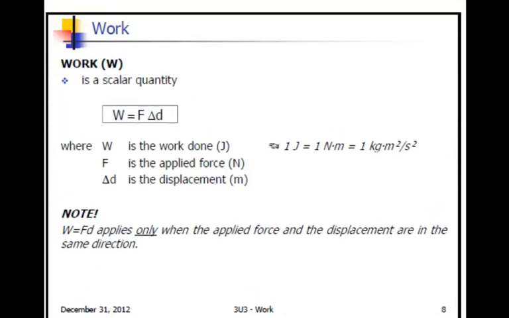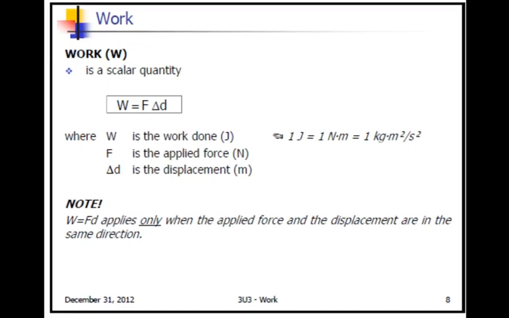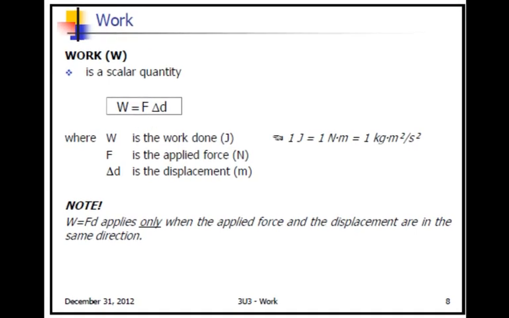Here's some points to copy down. Work is a scalar quantity. It's equal to force times distance. W is the symbol for work, and it's measured in joules. F is the force. Delta d is the displacement. One thing to note is that a joule is equal to a newton meter, which is equal to a kilogram meter times meters per second squared.